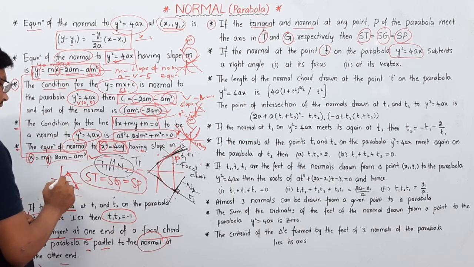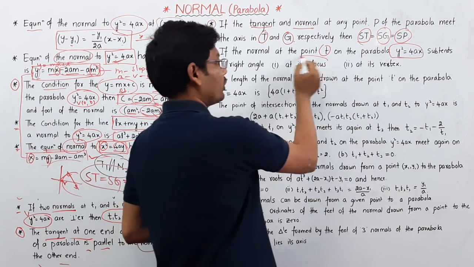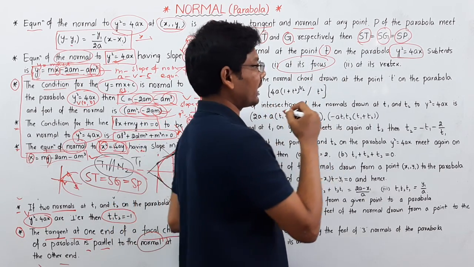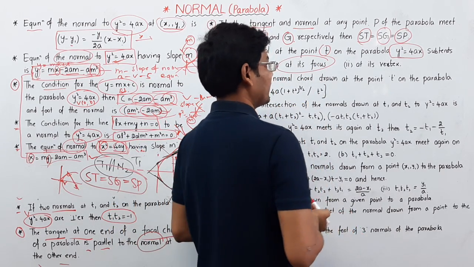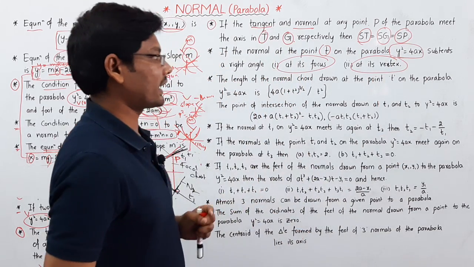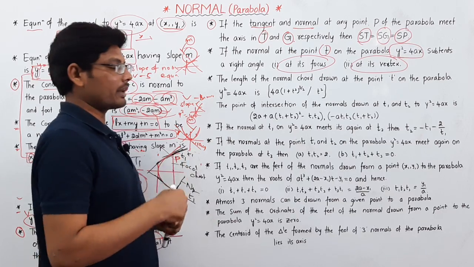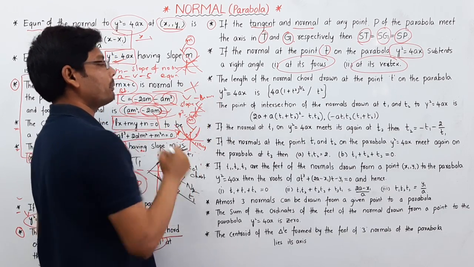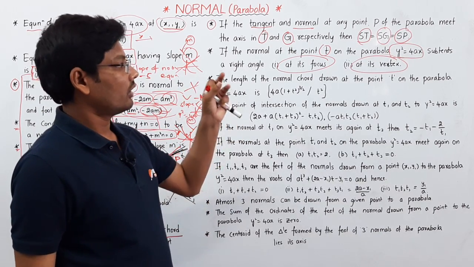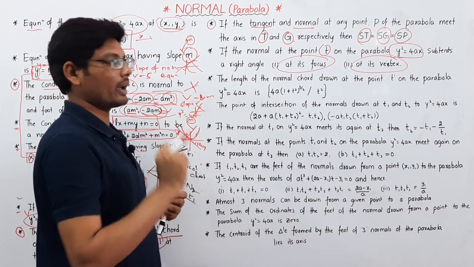If you go for the focus, it is also a right angle triangle, and for the vertex it also subtends a right angle at the normal point T. The point of intersection of normal and tangent is called the point of contact on a parabola.